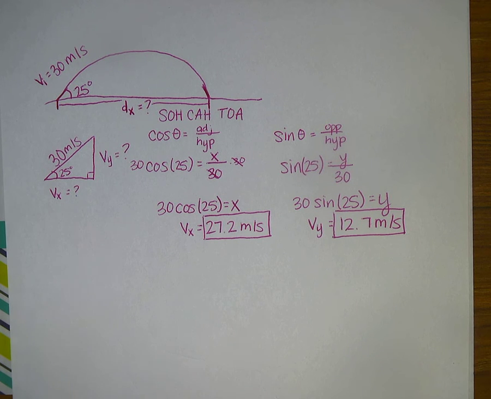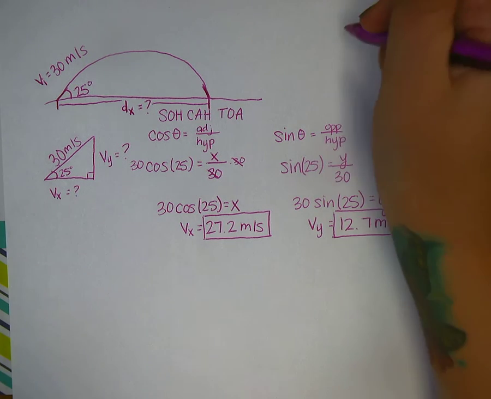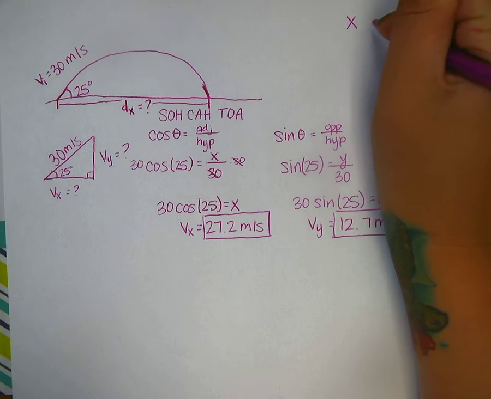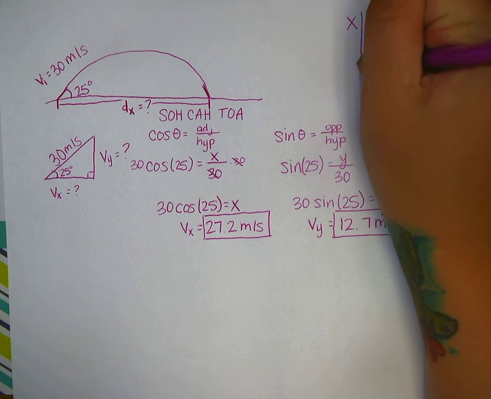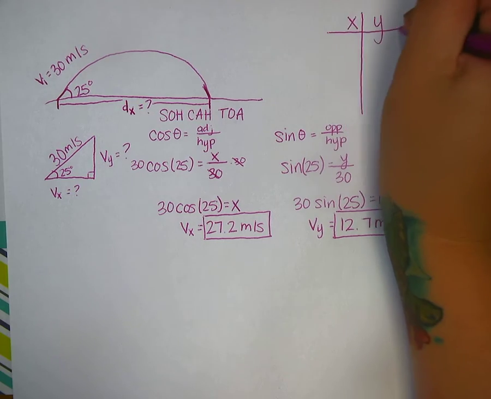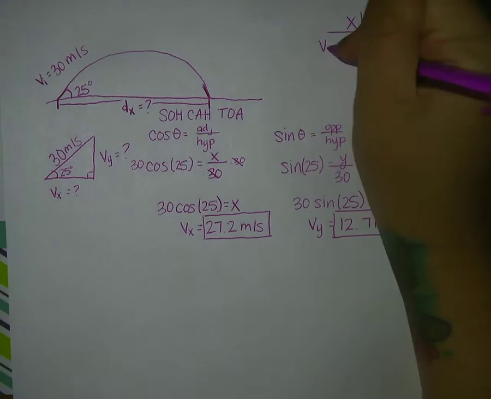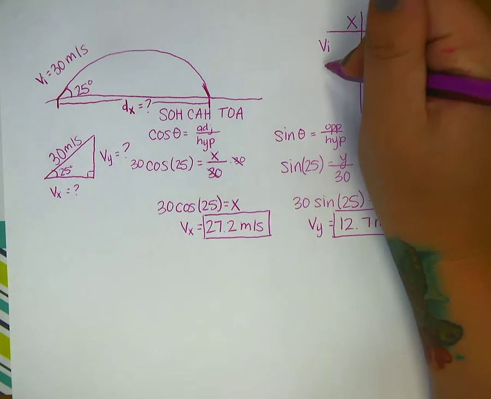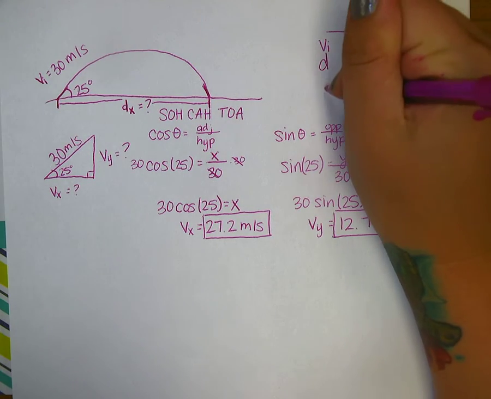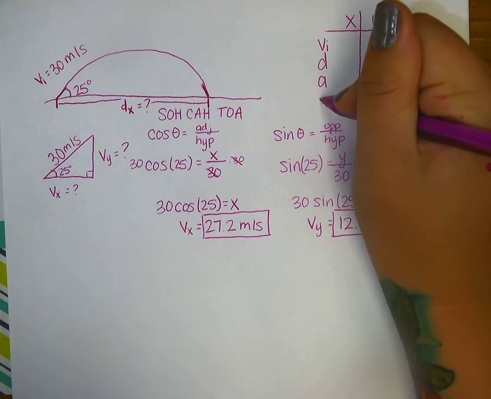And our next step would be to make our XY table. Make that up here. We'll still use initial velocity, displacement, acceleration, and time.